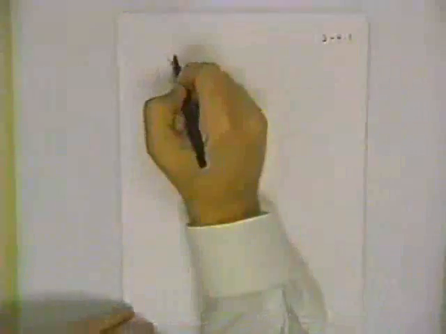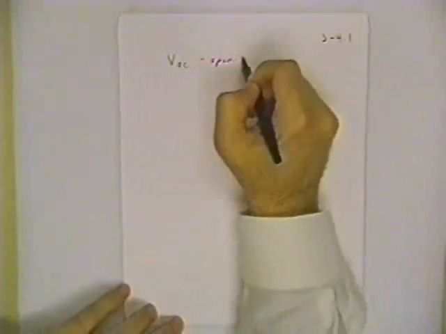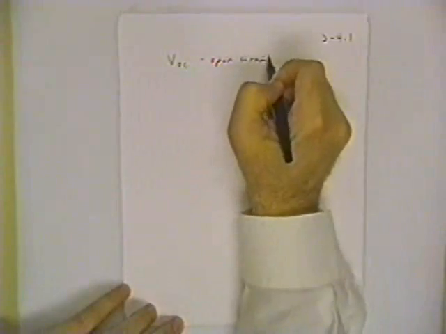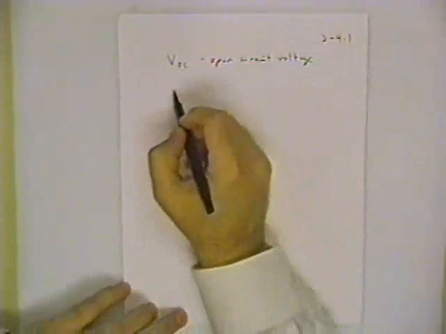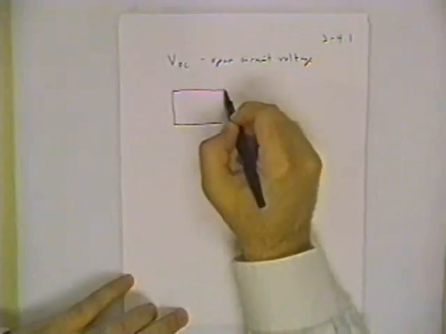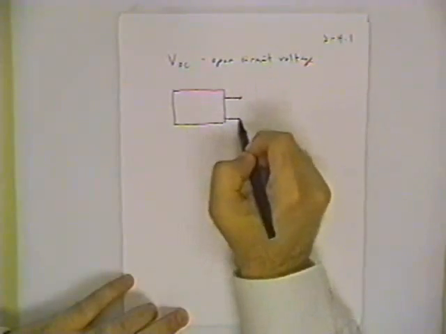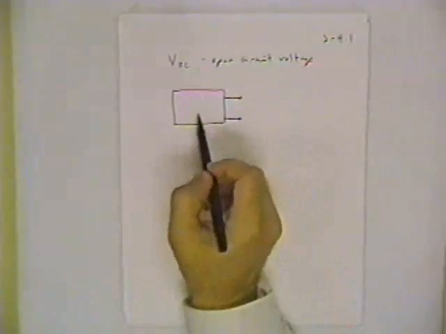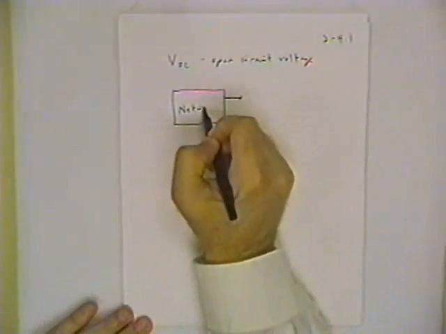First, looking at open circuit voltage. Now imagine that I've already isolated the network and I've drawn that dotted line, and now we're just going to make it a box. So down inside this black box is some network that I want to get the open circuit voltage for.